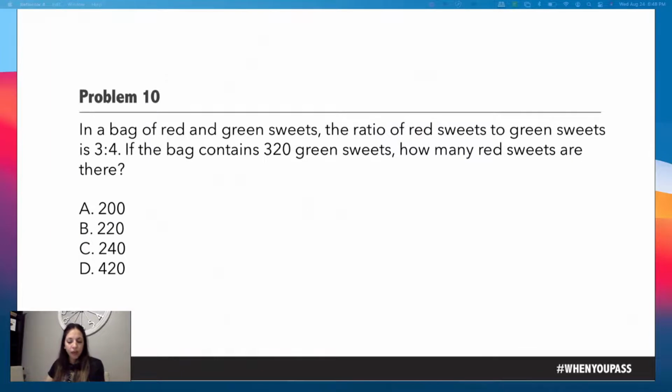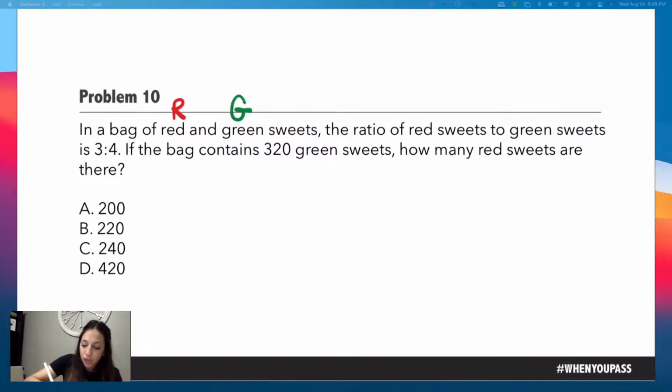In a bag of red and green sweets, the ratio of red sweets to green sweets is 3:4. If the bag contains 320 green sweets, how many red sweets are there? So we have a bag of red and green sweets.